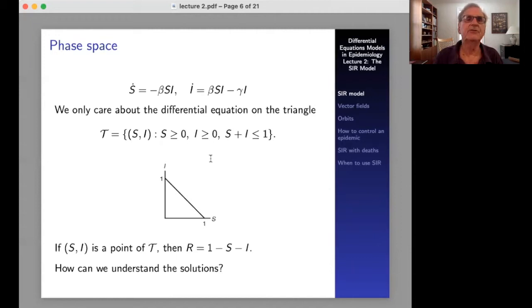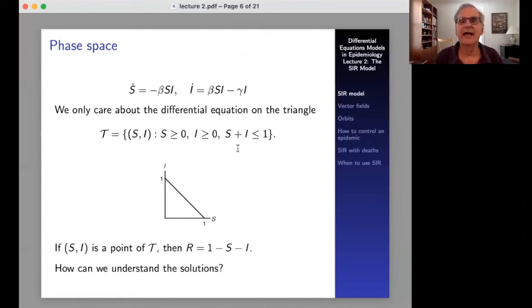So this is a differential equation in the plane. The coordinates are S and I, but we don't care about the entire plane. So here's the S-axis and the I-axis. So what do we want for S and I? We want S and I to be greater than or equal to 0, so we want to be up here, but we don't want S plus I to add up to any more than 1.